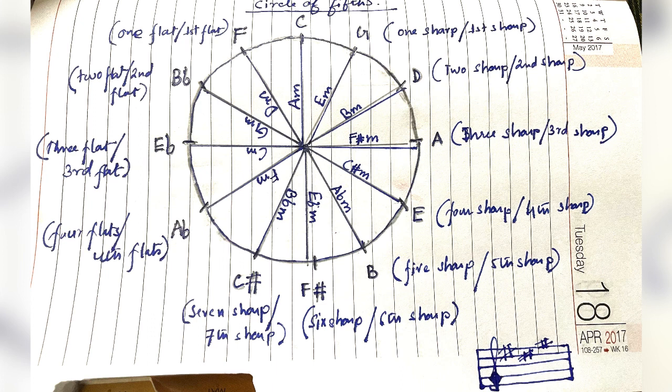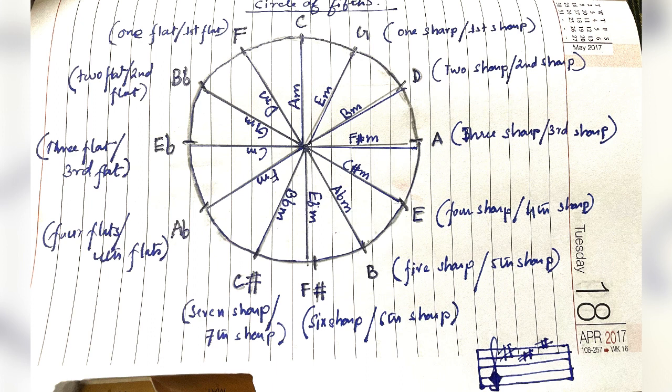The circle of fifths is nothing but taking the fifth note of a major scale and writing it. For example, if you write a C major scale, then the fifth note of the C major scale is a G. So G comes after C. Okay.